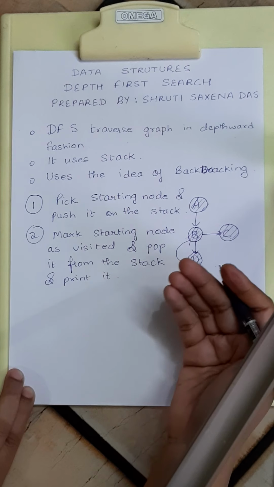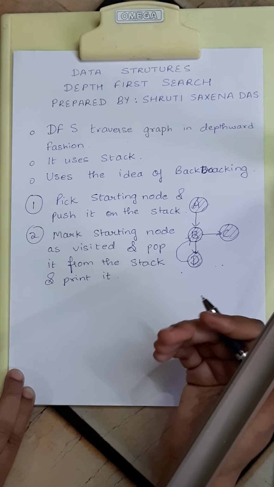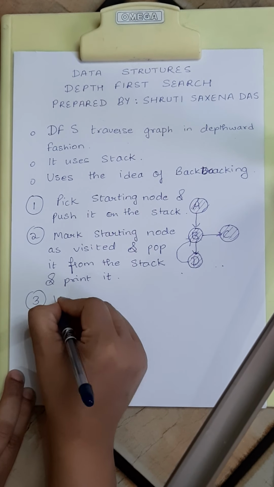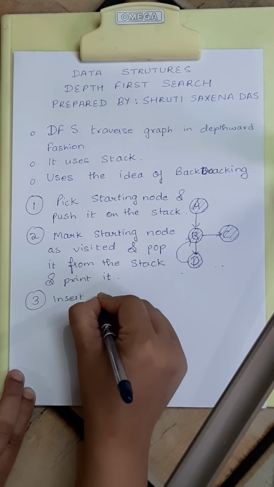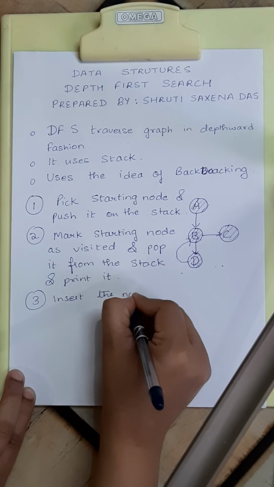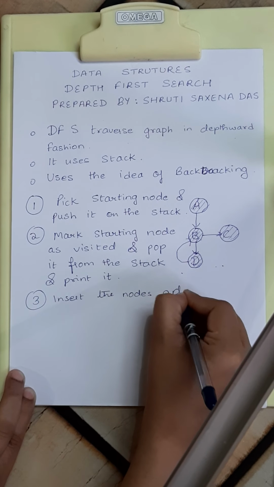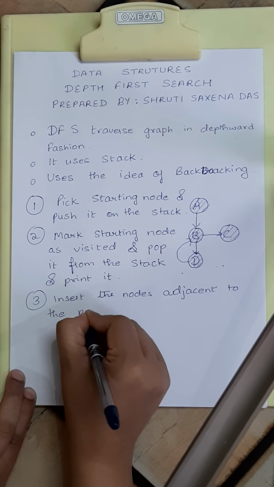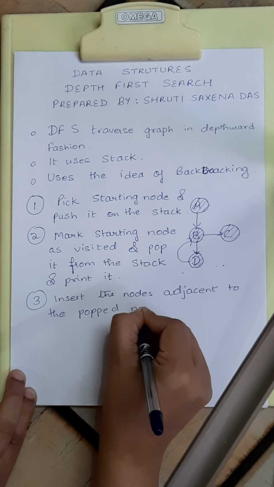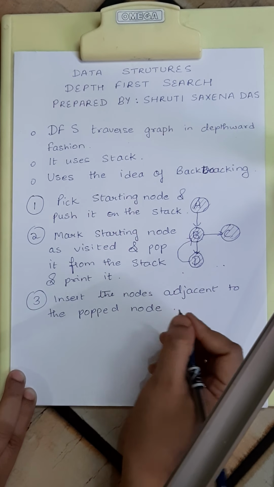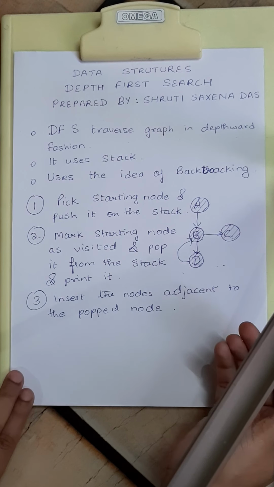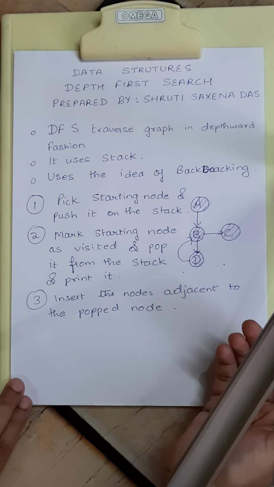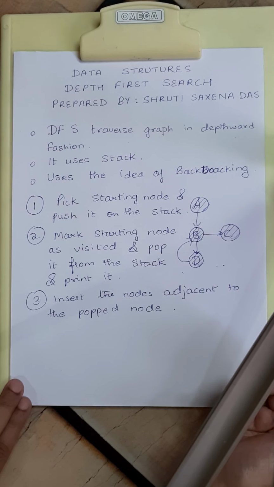Now for the node which you have popped, you have to check the adjacent nodes. So in the second step, insert the nodes adjacent to the popped node. Then you have to do this procedure again and again: pop a node from the stack to select the next node to visit, and push all its adjacent nodes into the stack.